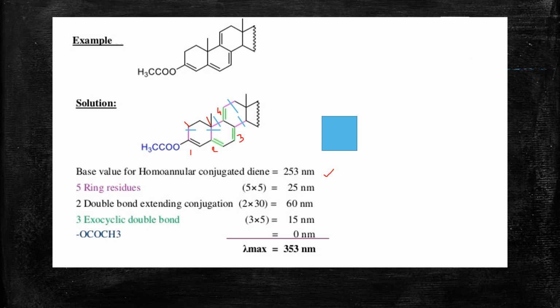Third one, this carbon is free, 3 ring residues. And the fourth one, this one is free. And for this ring residue, this carbon is free. So totally 5 ring residues. Remaining: it has 2 extended conjugated double bonds, so 2 into 30, 60 nanometers. Then 3 exocyclic.